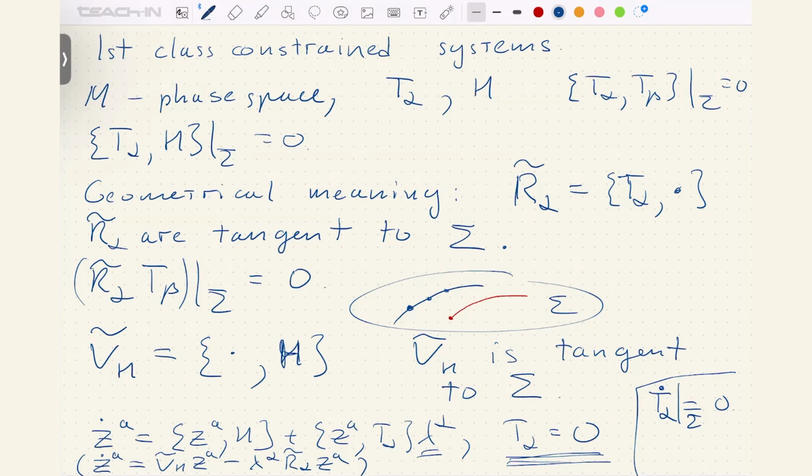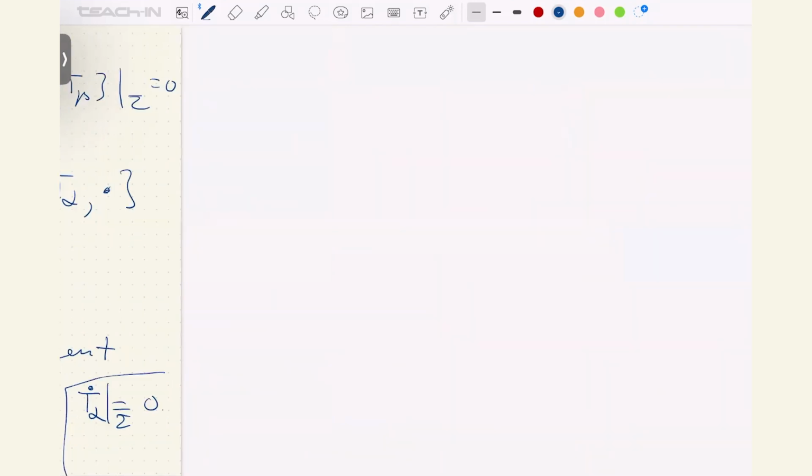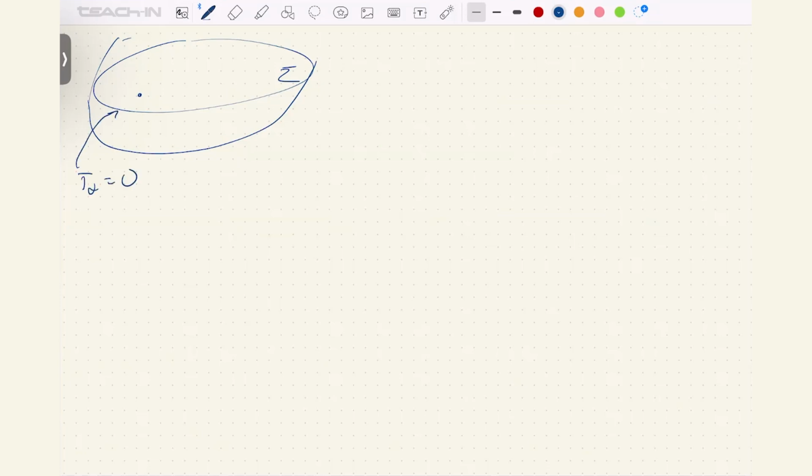So, as we already started to discuss last time, the crucial feature of the first-class constraint system is that even if we start with a fixed point of our constraint surface as initial data, our initial data must satisfy T alpha equals 0, must satisfy the constraint equation, right?